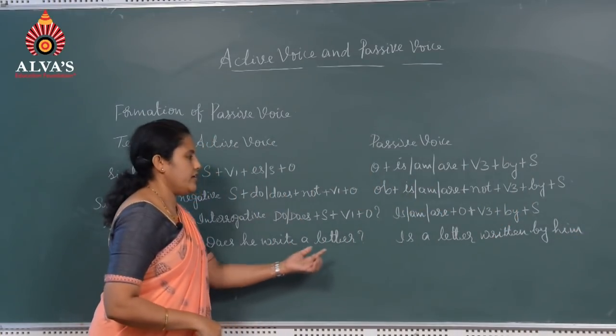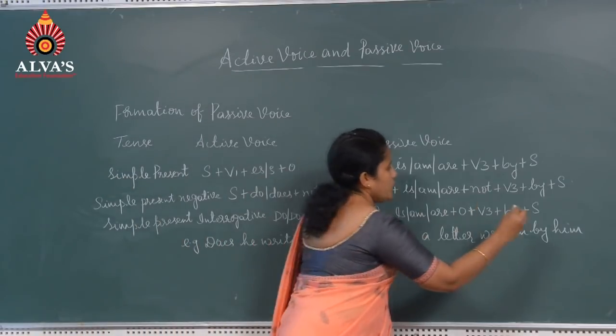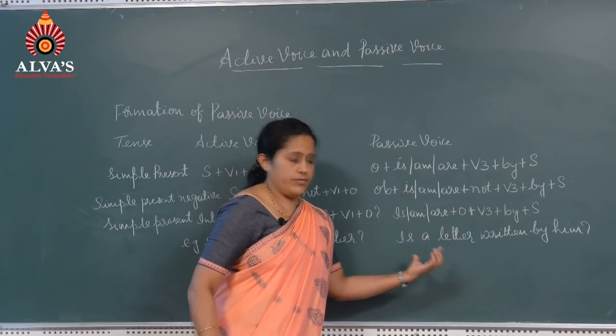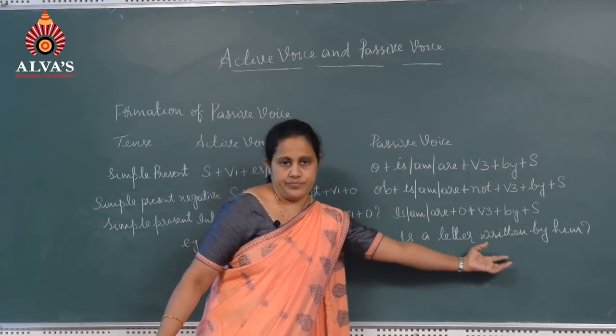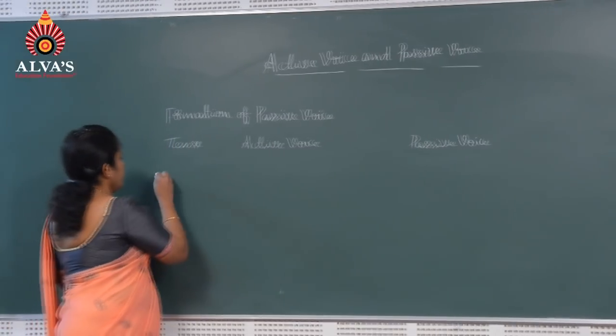Okay. Is a letter written by him, that is passive voice. When we change from active to passive, it becomes, is a letter written by him. Now, let us see present continuous. Okay.